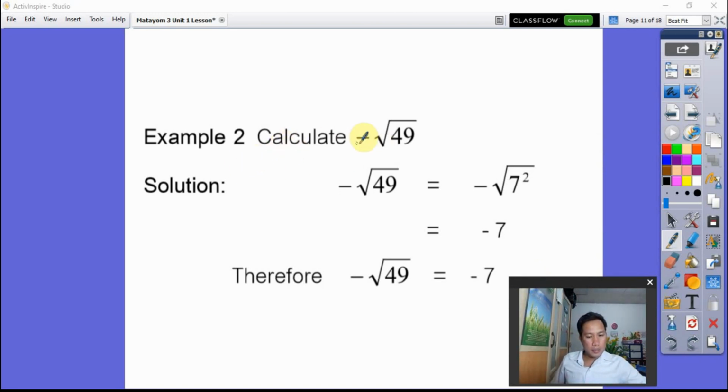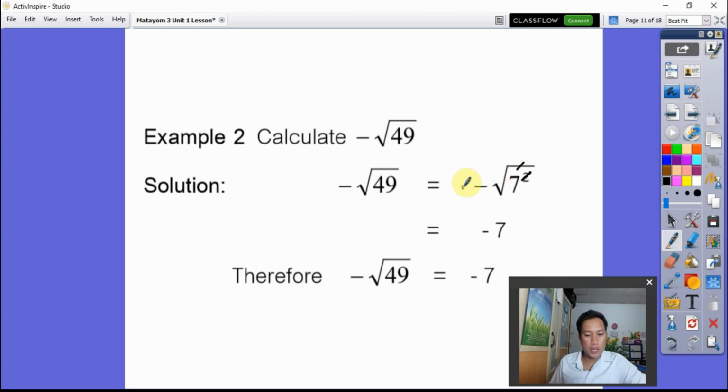Calculate negative root 49. We change the 49 here into a square: negative root 7 squared. Now we cancel the root, we cancel the square.